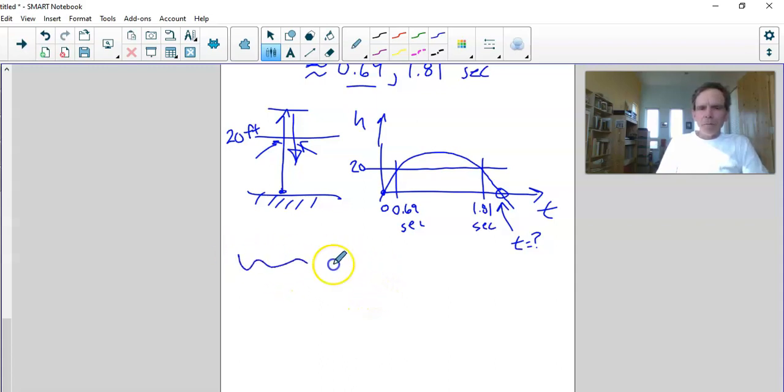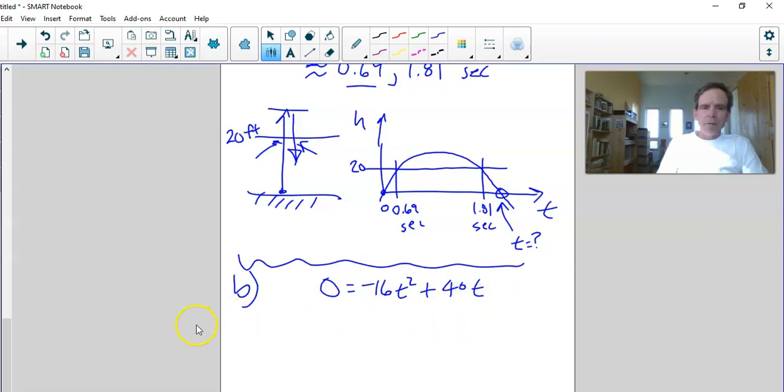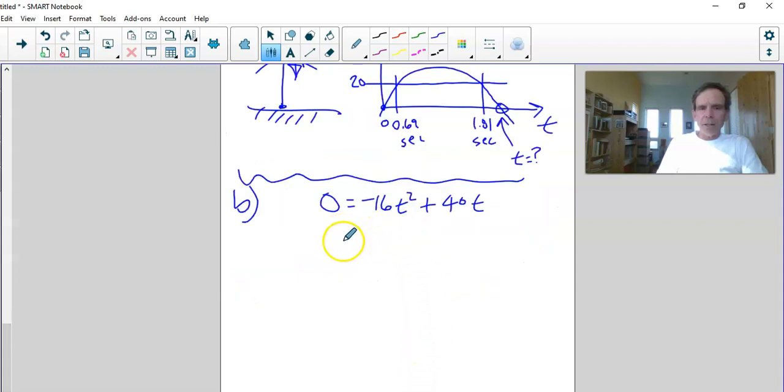All right, so part B is where the height is 0. So we'll have 0 equals negative 16t squared plus 40t. And we've got to solve that quadratic. I think we can do it by factoring, actually. Let me get things looking nicer by dividing both sides by, how about negative 8?